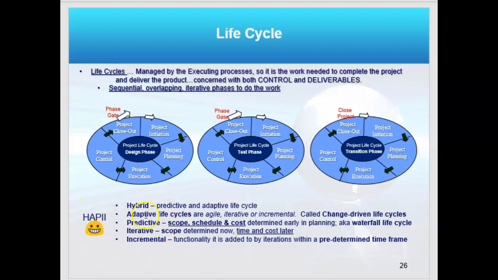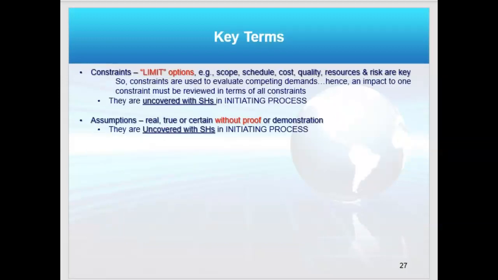And these are types of developmental life cycles. I use the acronym HAPPY. We've already discussed many of them already. Constraints and assumptions always come up. Constraints limit your options, whereas assumptions, to me, are risks.